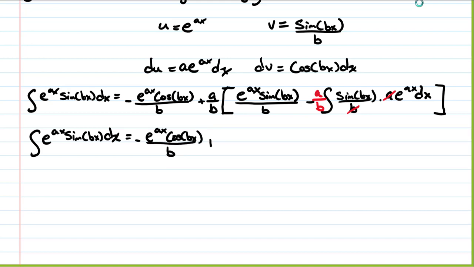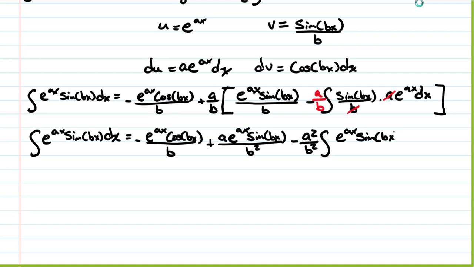Distributing that back in, we get plus a e to the ax sine bx divided by b squared minus a squared over b squared times the integral of e to the ax sine bx dx.